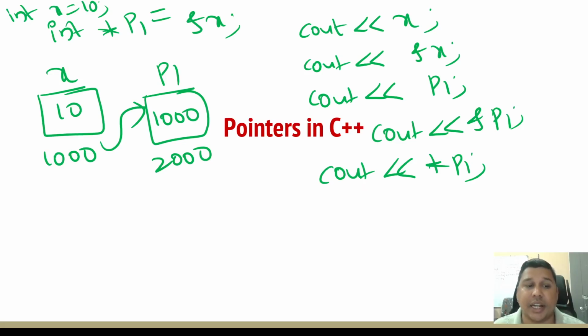Some of them are directly available. So cout of x will be 10 directly. That is very simple. Cout of &x will be the address of x, that is 1000. Cout of p1, can you tell me what p1 will come as? When I write the third one, cout of p1, what is the answer?